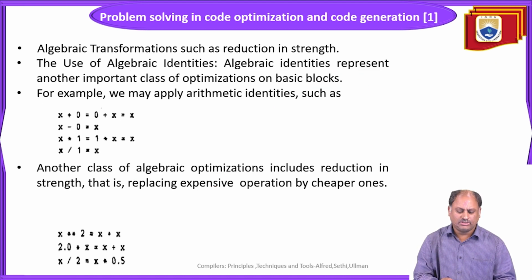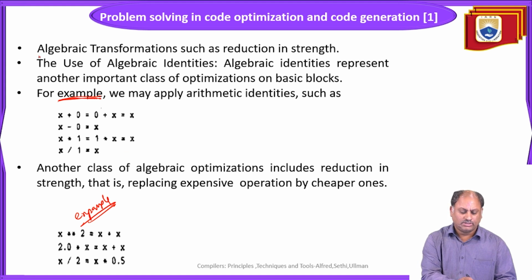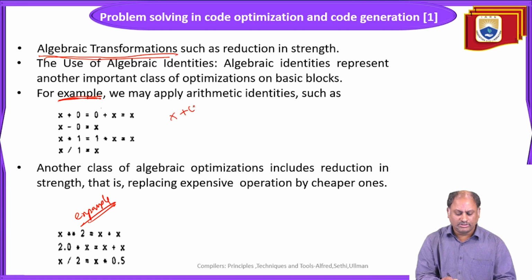Another important case is algebraic transformations, where the examples are this one and another one. So here in this example also, this comes under algebraic transformations. These transformations can be applied the same way as strength reduction. First, the addition operation is used, which is the same as the operations performed with the other remaining operations.